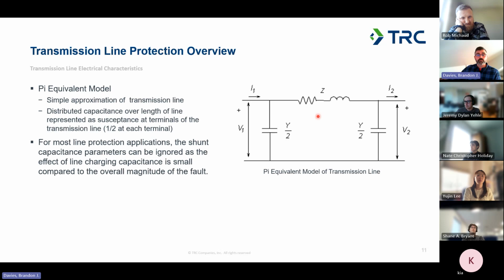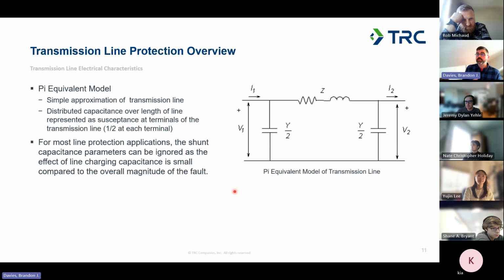But basically, you can take the self-impedance of the transmission line, an approximated self-impedance. That's going to be this impedance here, resistance and inductance that represents the line. And then we'll model the capacitance effect between the conductors and ground, and these would be distributed across the entirety of the line, but we cut them in half and lump them on one side of the model or the other.